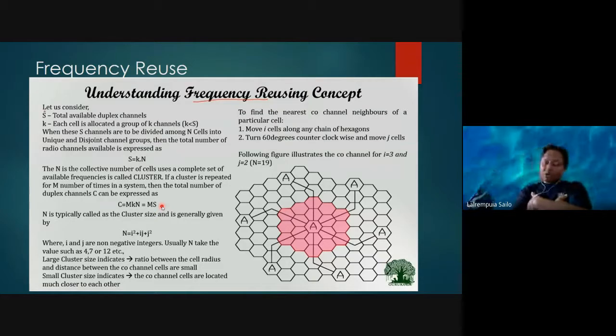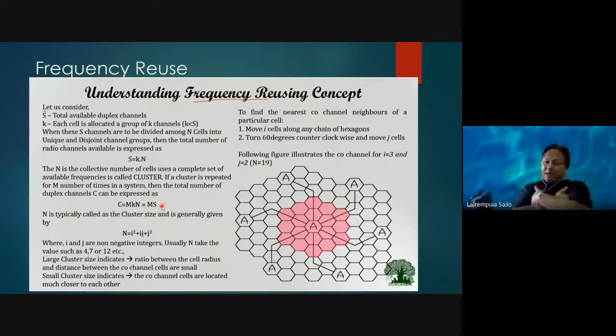I and J are non-negative numbers, so we can give any positive number. Usually N takes values such as 4, 7 and so on.